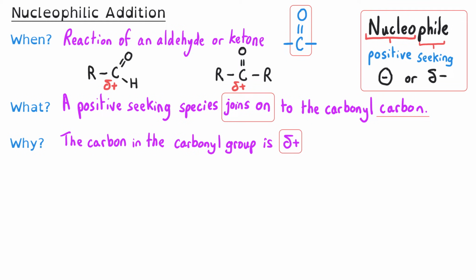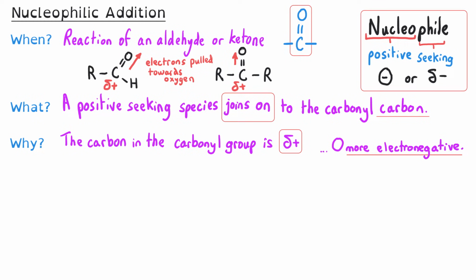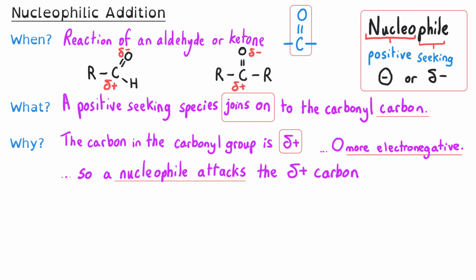And this is because it's connected to the highly electronegative oxygen atom, which is more electronegative than the carbon, and so we get what's referred to as a negative inductive effect, where the electron density in the double bond between the carbon and the oxygen is pulled towards the oxygen atom, leaving the oxygen delta minus and the carbon delta plus. And so a nucleophile, that's something negative or partially negative, remember, attacks that delta positive carbon atom and forms a new bond to it.